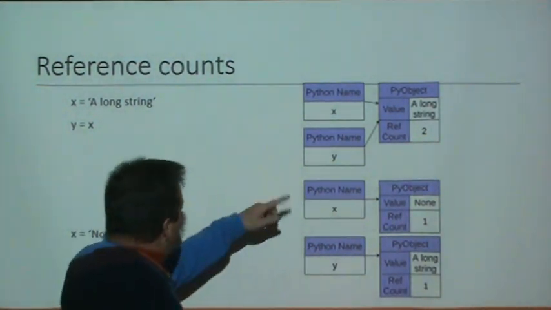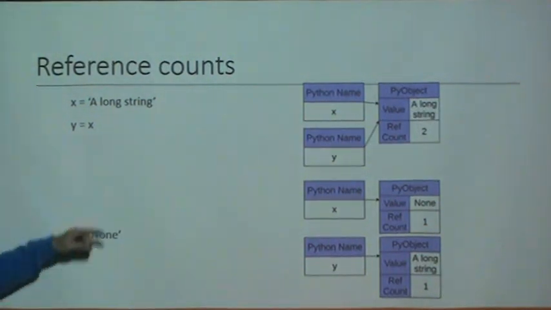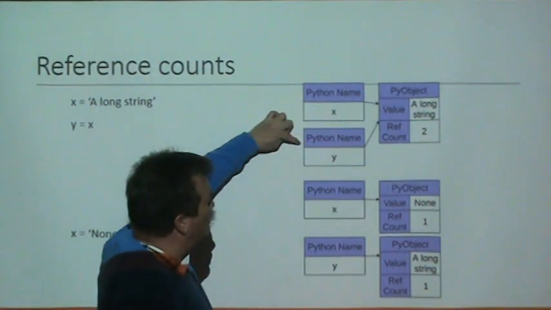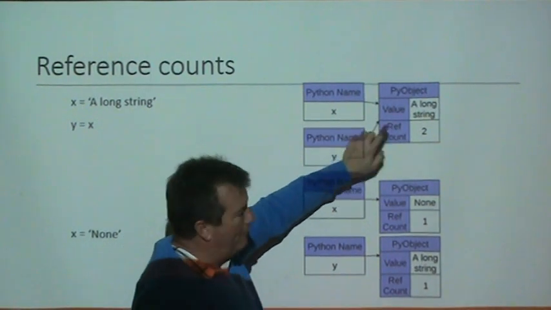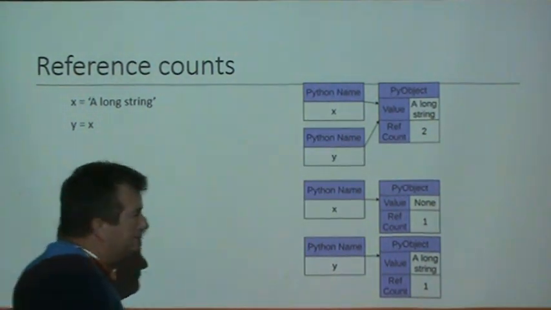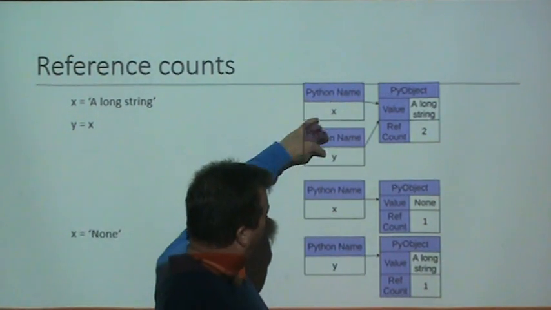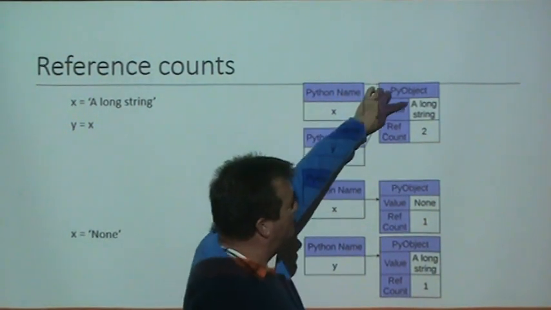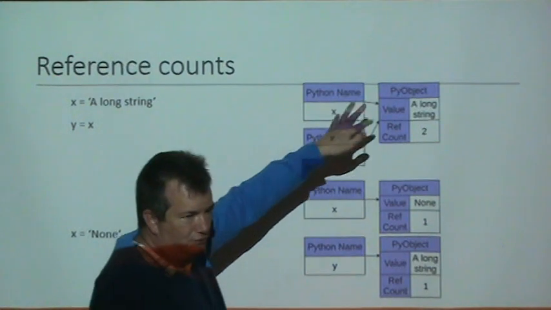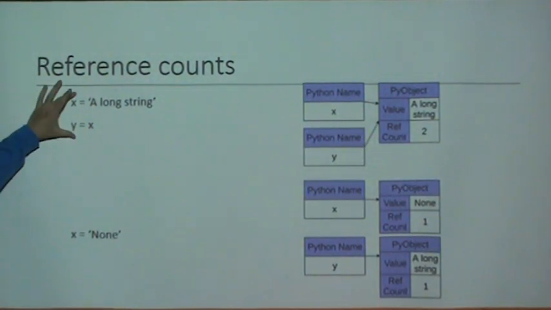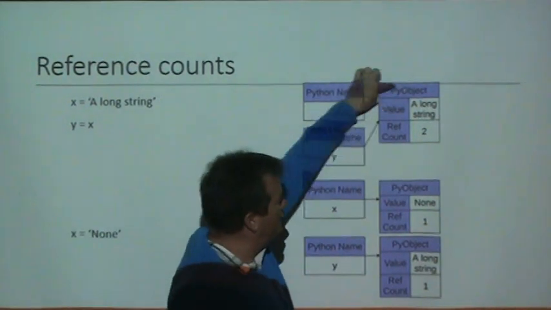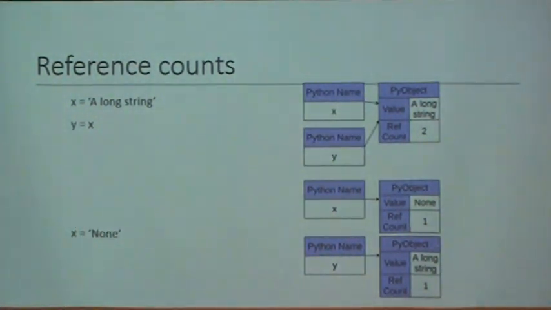If we run the line y equals x, that creates a brand new variable named y, with an arrow. I'll go over what these arrows are in a second. Now two variables, x and y, both refer to this same long string. After these two lines are run, this is what your storage looks like.